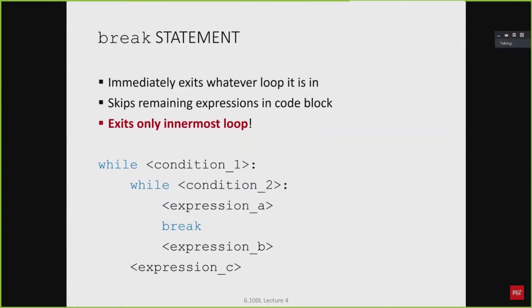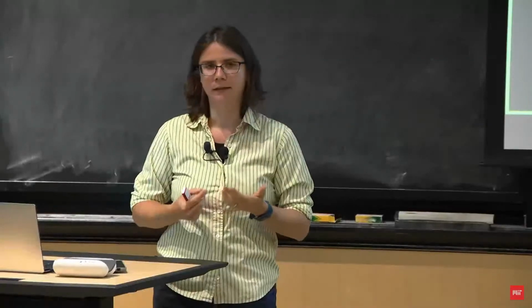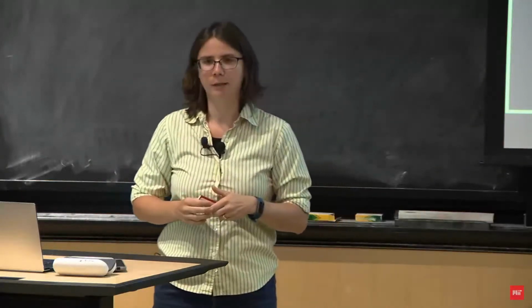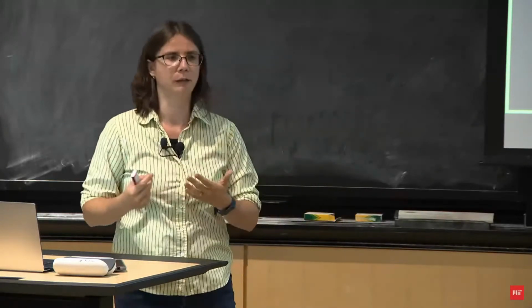So both of those loop types ended at certain times, right? So the while loop ended when the condition became false, and the for loop ended when we've exhausted our sequence of values. But oftentimes we want to write programs where we break out of the loop prematurely.